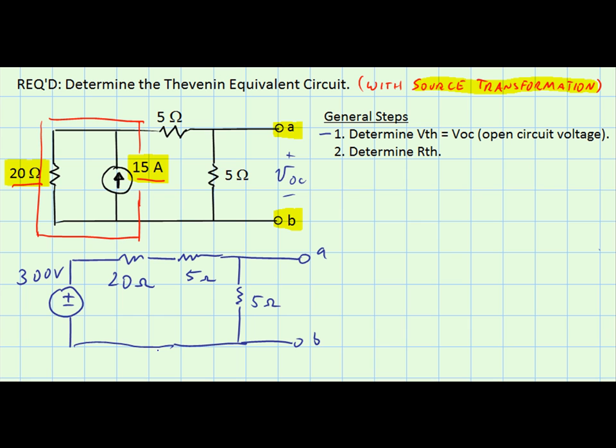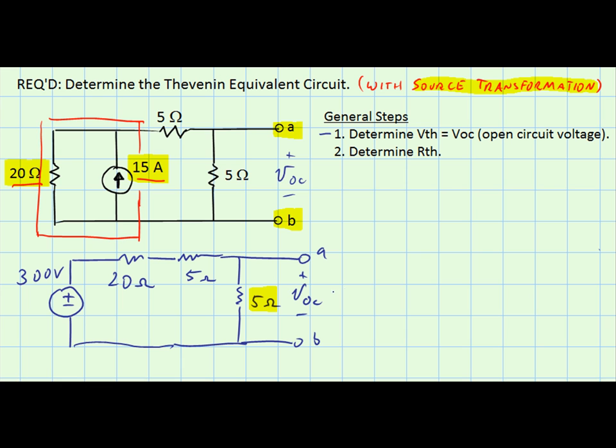Now this equivalent circuit is a series circuit: 300 volts in series with 20, 5, and another 5 ohms. So the open circuit voltage, which is the Thevenin voltage, can be found by voltage division. The open circuit voltage between A and B is the same as the voltage across the second 5 ohm resistor.